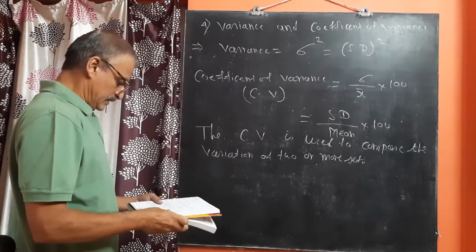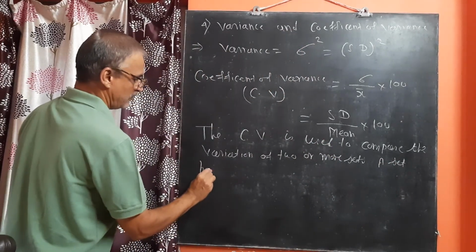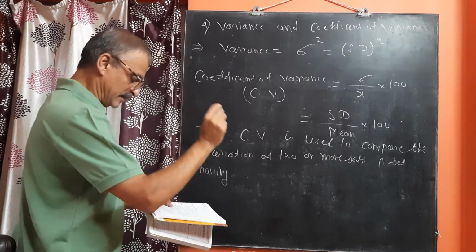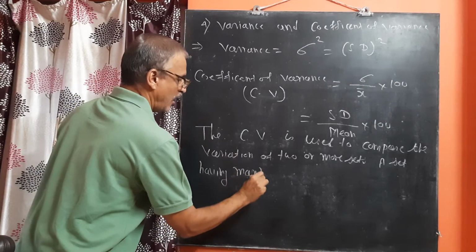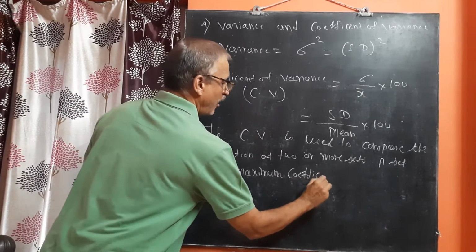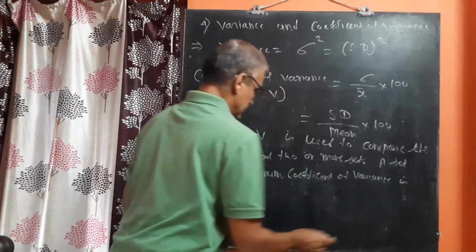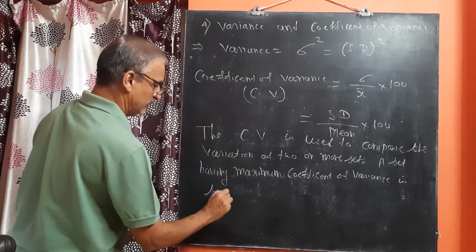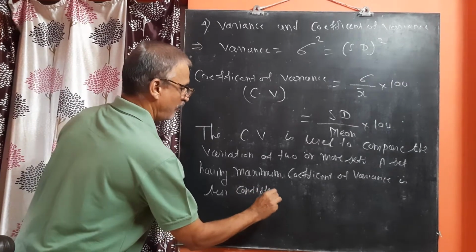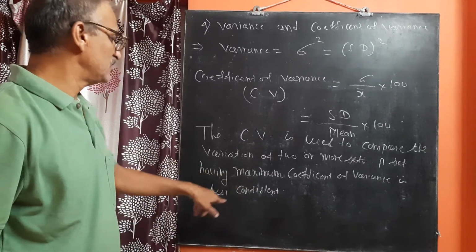A set having maximum coefficient of variance is less consistent. A set having maximum coefficient of variance is less consistent.